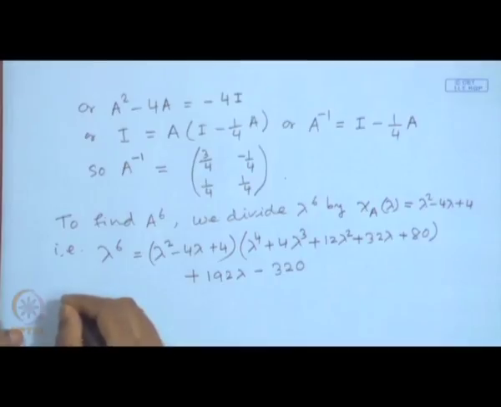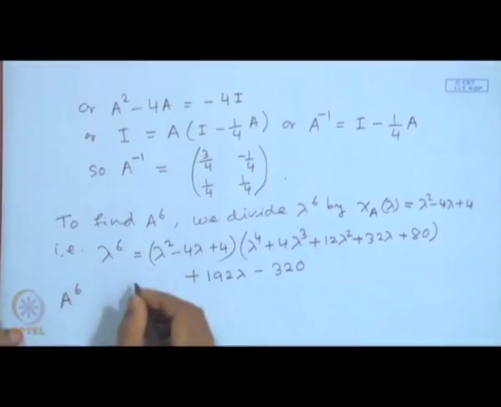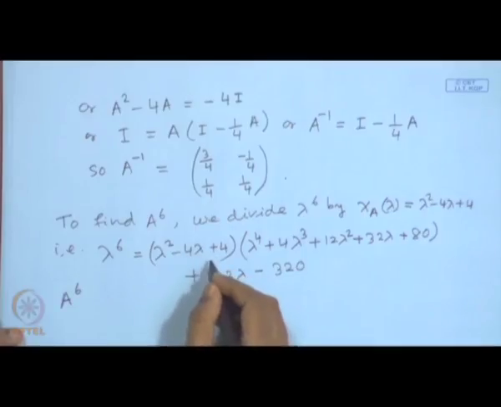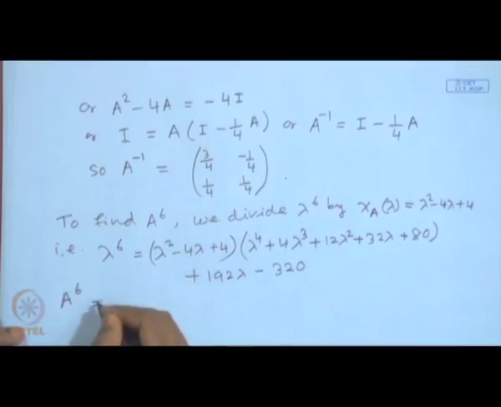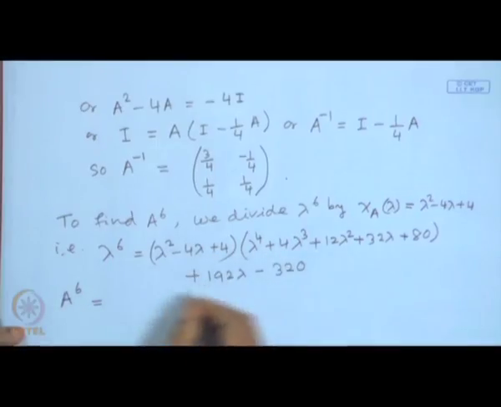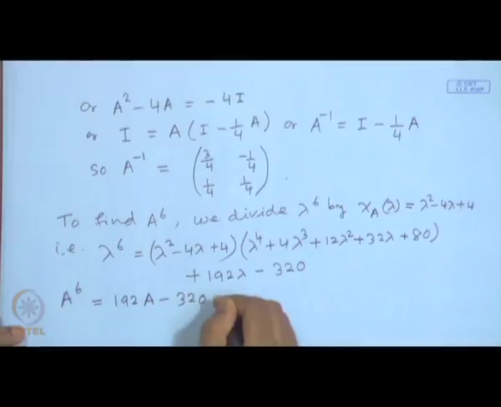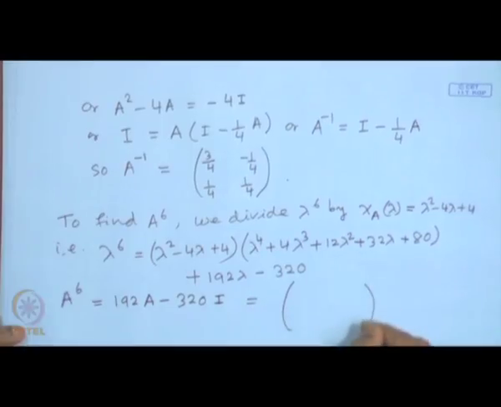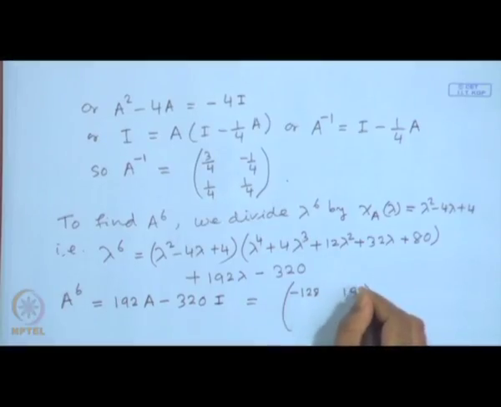Since this matrix A satisfies its characteristic polynomial, if we put the value of A in place of lambda, the first term is equal to 0, and therefore we get A to the power 6 equals 192 times A minus 320 times identity, and one can compute that this matrix is given by minus 128, 192, minus 192 and 256.